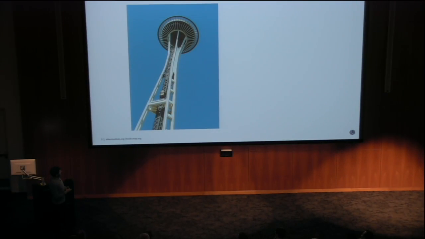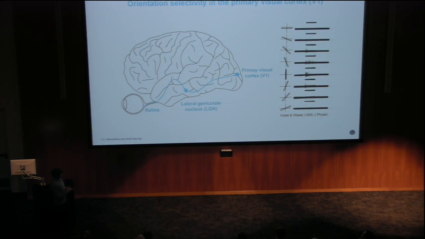So when you look at this image that you might be familiar with when you live in Seattle, there are cells in your brain that selectively respond to edges at different orientations and spatial locations. And we know that, as you will know also, because several decades ago, Hubel and Wiesel made the fundamental discovery that cells in your primary visual cortex, here at the back of your head, are orientation selective.